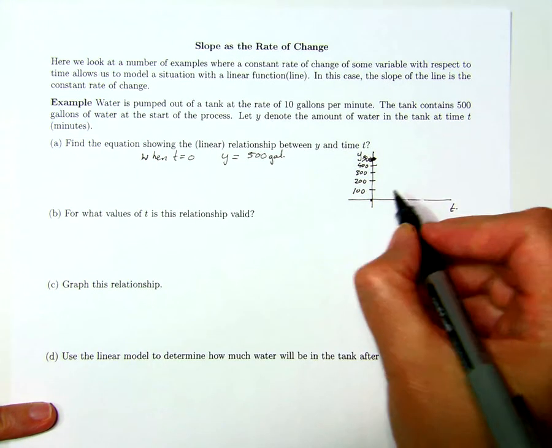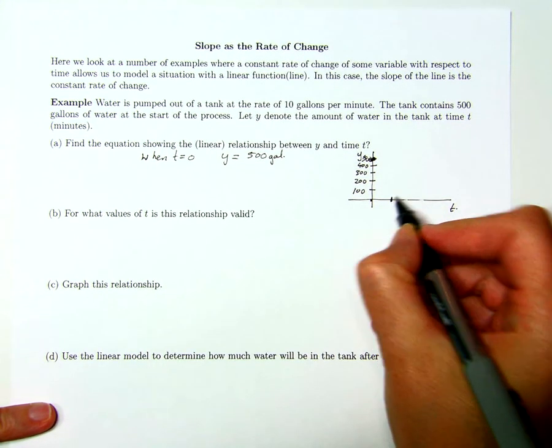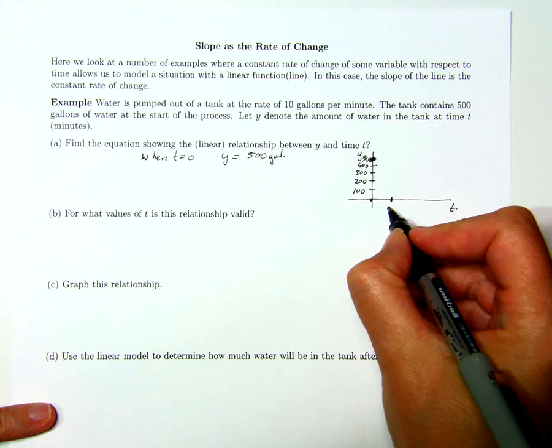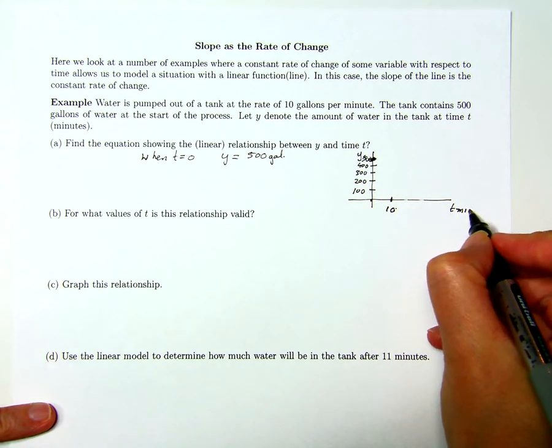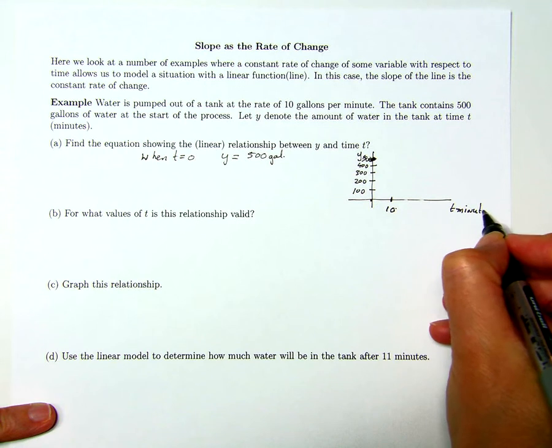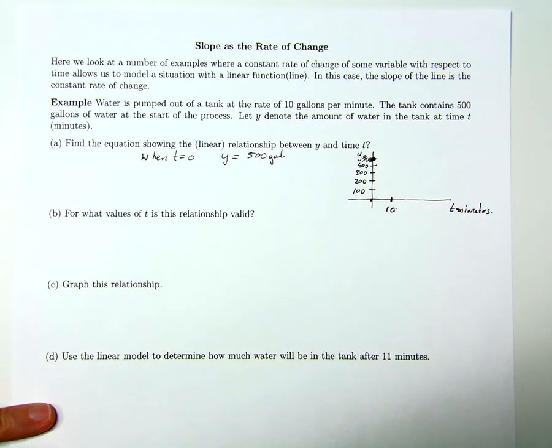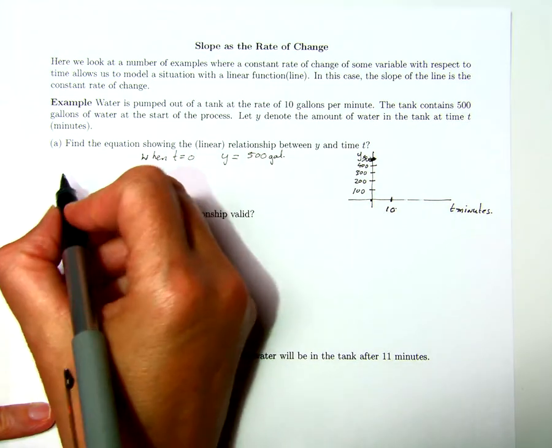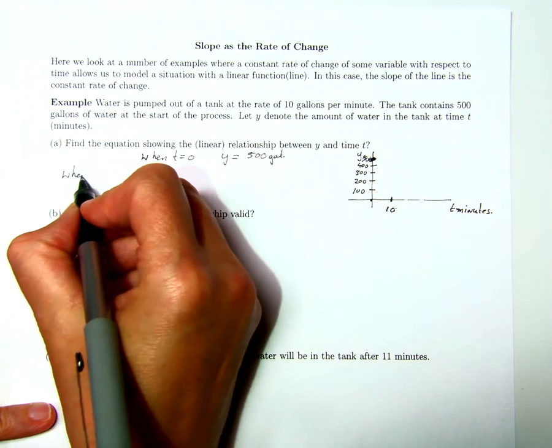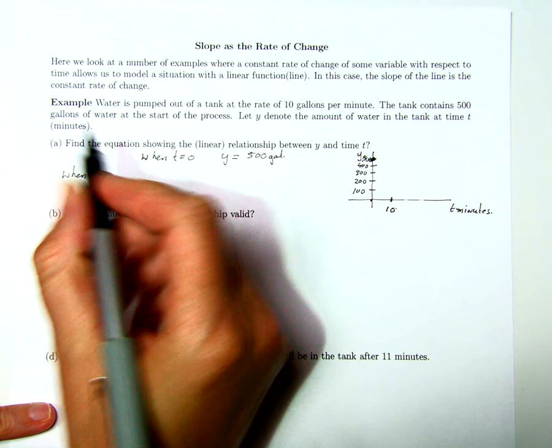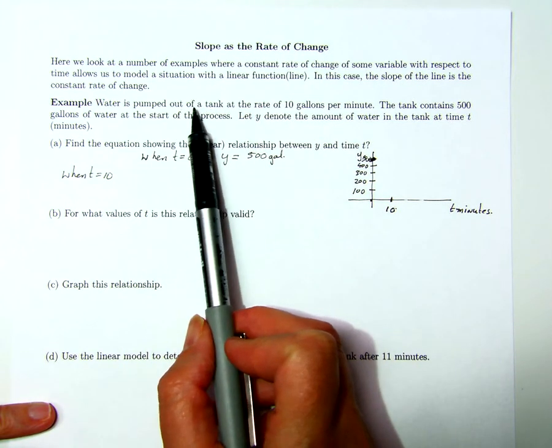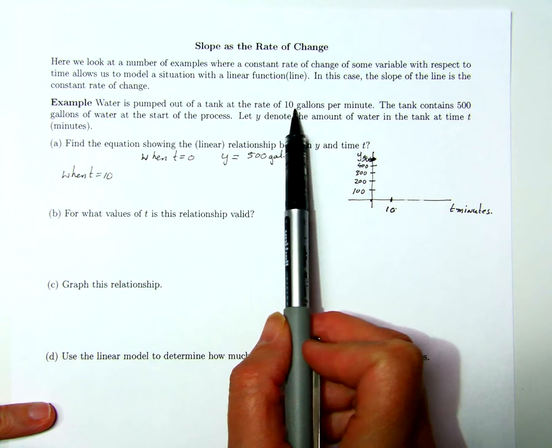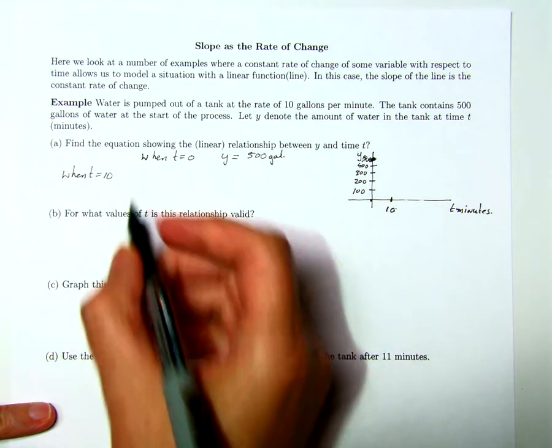Now what about, say, after 10 minutes? So our time is measured in minutes. How much water is in the tank? Well, when t is 10, water is being pumped out at the rate of 10 gallons per minute.